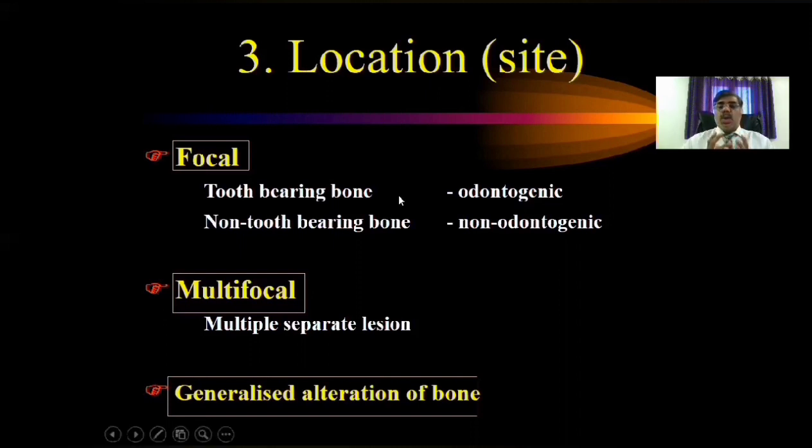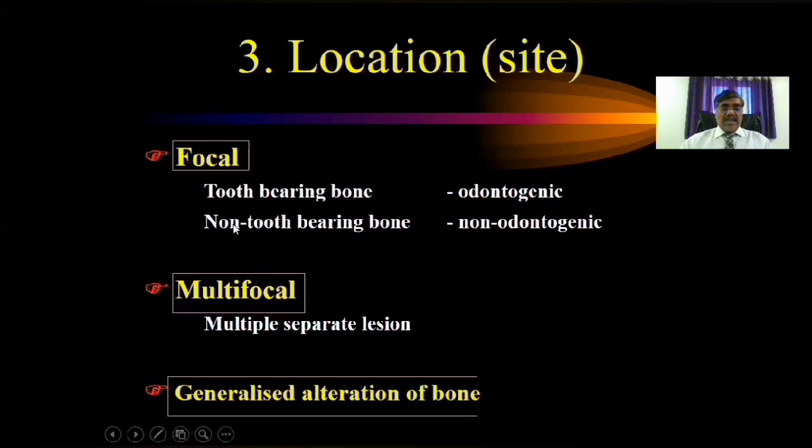You can divide the jaw into two major areas: the portion of the jaw which carries the teeth, which we call the tooth-bearing area, and the other half, called the non-tooth-bearing area. The majority of odontogenic pathology, which arises from the odontogenic epithelium and apparatus, comes in the tooth-bearing area, and the majority of non-odontogenic pathologies, which arise from the bone marrow and bone, arise in the non-tooth-bearing area. Examples of non-tooth-bearing area are the ramus, condyle, coronoid process, and the bone below the mandibular canal.